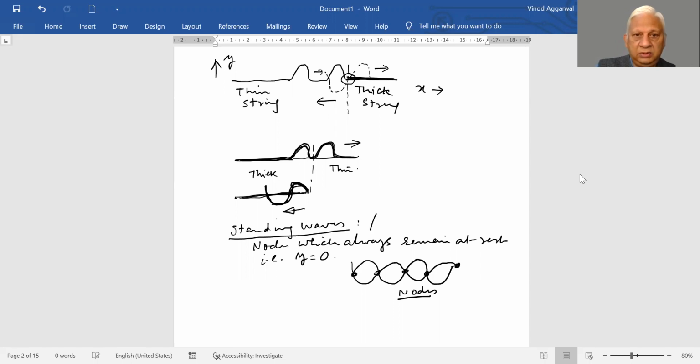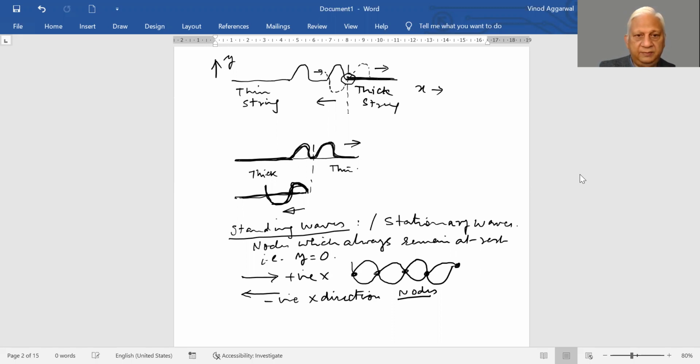It is also called a stationary wave. How are they produced? They are produced by two waves, one wave going in the positive direction and a reflected wave going in the negative x direction.